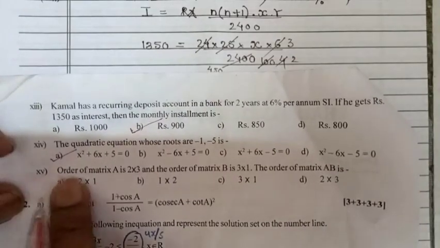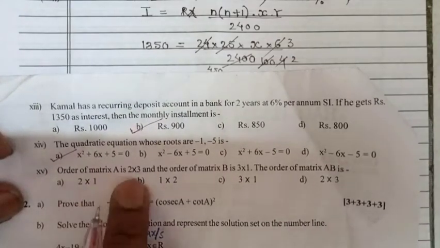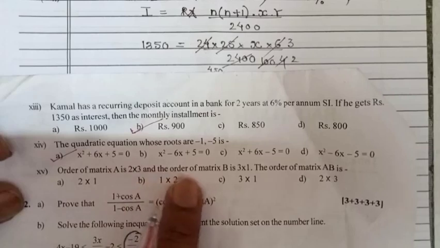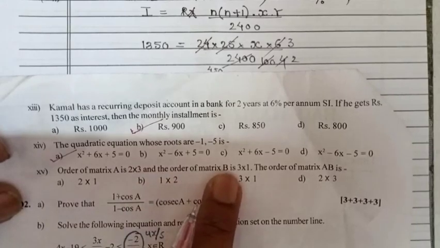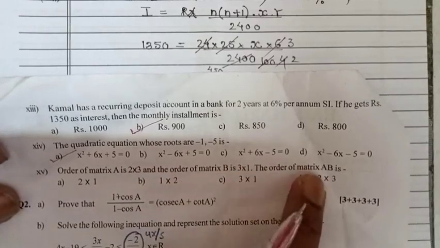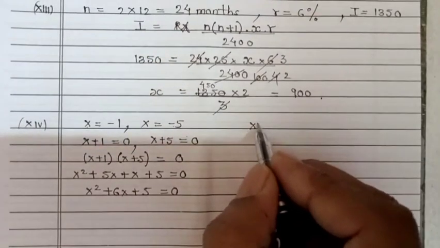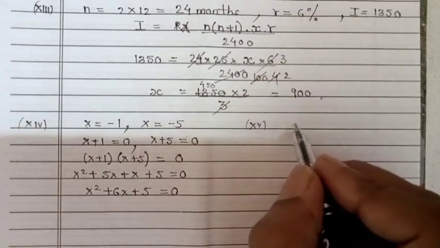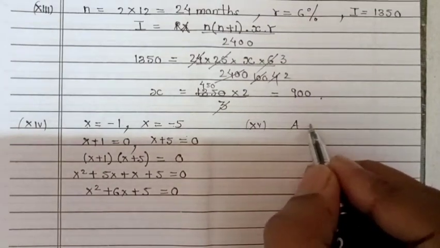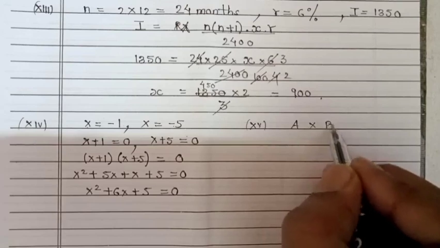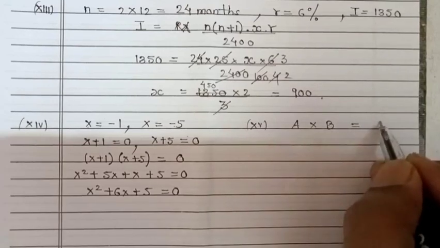Now in the 15th one, the order of matrix A is 2 cross 3 and the order of matrix B is 3 cross 1, and you have to write the order of AB. See? Now they are saying you are being given A into B, the product AB.